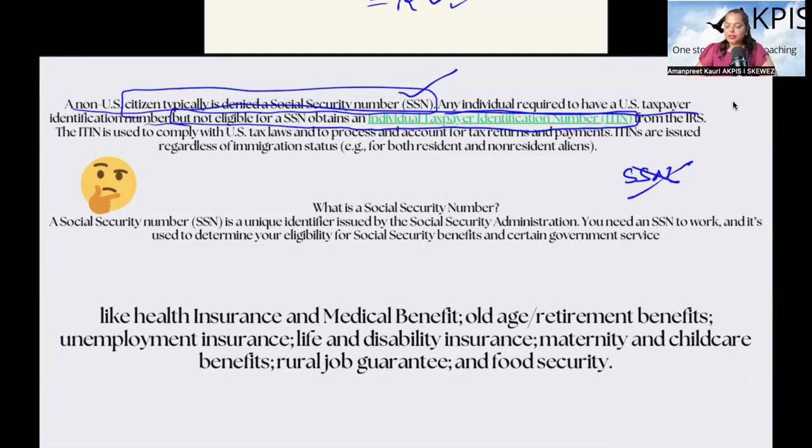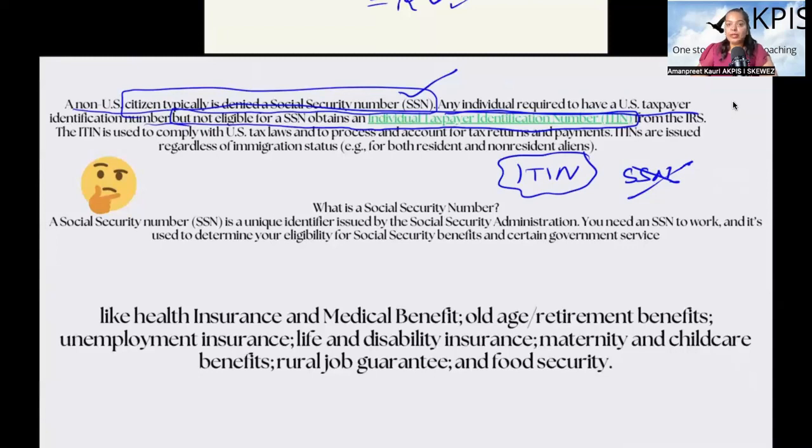So in that particular situation, you are supposed to file for an ITIN. What is this ITIN? Individual taxpayer identification number. So simple rule: are you a US citizen? That means you have your SSN and you can file your return accordingly with that number.